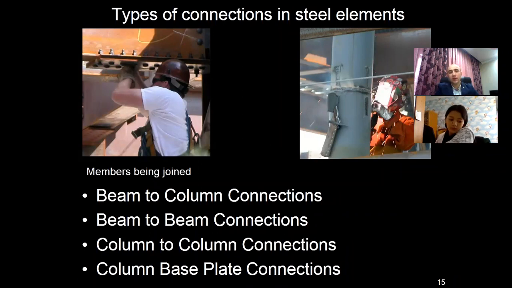On the slide you see the most common configurations: first of all a beam to column connection, beam to beam connections, column to column connections, and column base plate connections.